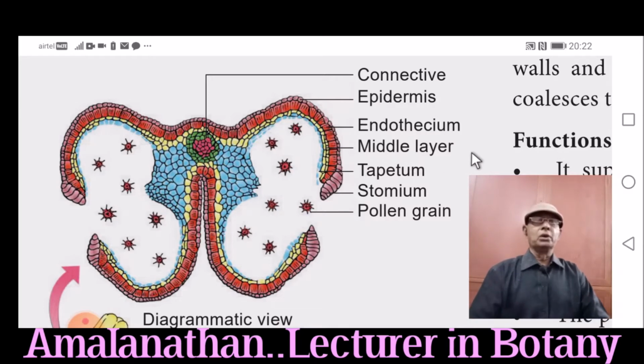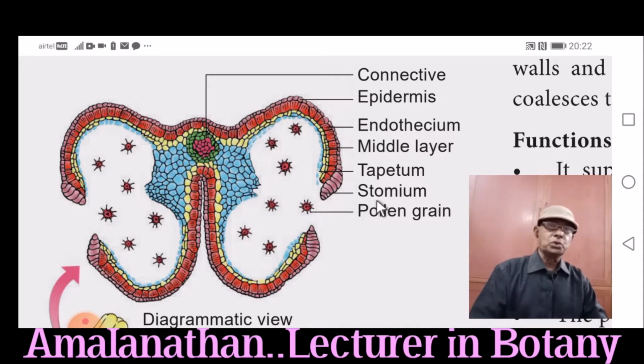A band of cellulosic or lignification is absent in the junction. So this is the junction between the 2 sporangia. At the junction of the 2 sporangia of the anther lobe, there are thin-walled cells that is called stomium. What is stomium? A band of cellulose or lignification is absent in the junction of the two sporangia of an anther lobe.